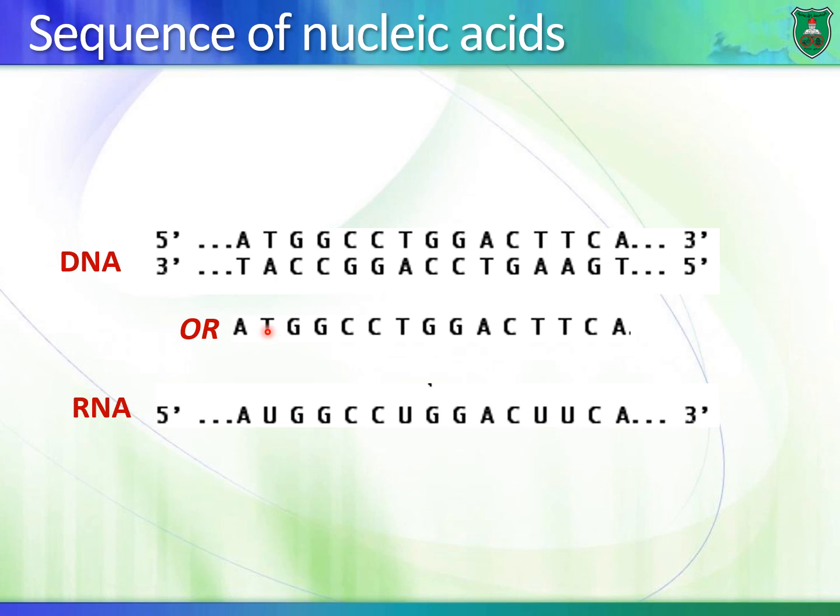Okay? And these two strands in DNA, this one right here and that one here, are complementary to each other, because whenever you have an A, you have a T. Whenever you have a T on one strand, you have an A on the other strand. If you have a G, you have a C, and so on. And notice that they are anti-parallel to each other. So this is 5' A, T, G, G, and the other one goes from 3' to 5'.